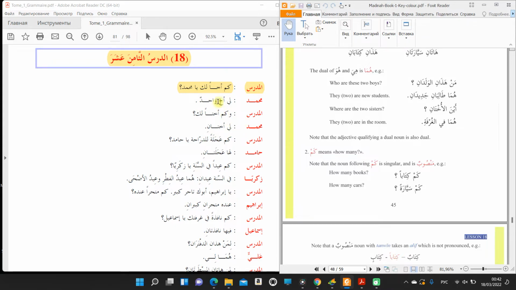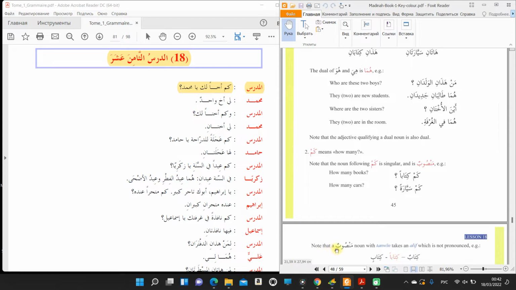So that's how it is. And once we use kam, how many, the noun that follows kam is singular and mansub. Kam akhon laka, not kam akhun laka or kam akhin laka, but kam akhon laka. That's how it works in the Arabic language.